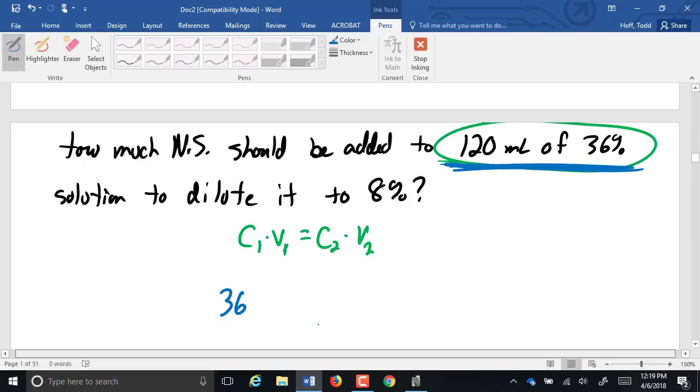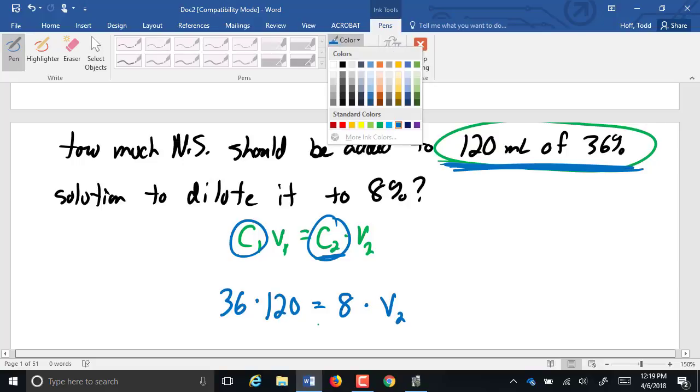36 is my concentration. Now we mentioned before, it doesn't matter whether I put 0.36 or just 36, as long as both of them are done the same way. So I'm going to use 36 here for concentration 1 times a volume of 120. That means that my concentration 2 has to be left as a percent as well. So that's 8%, so I'm going to leave it as just 8 times V2.